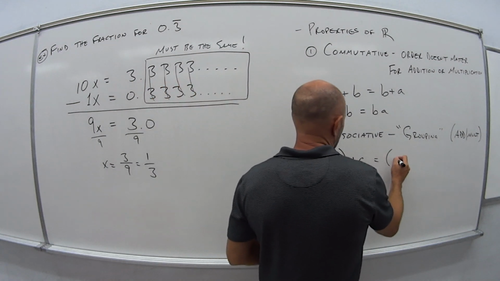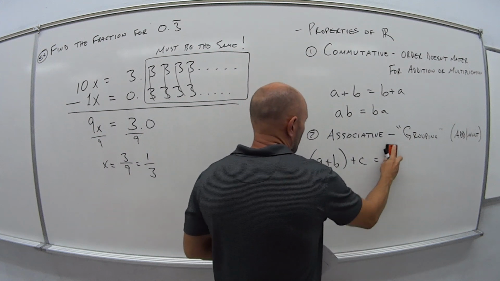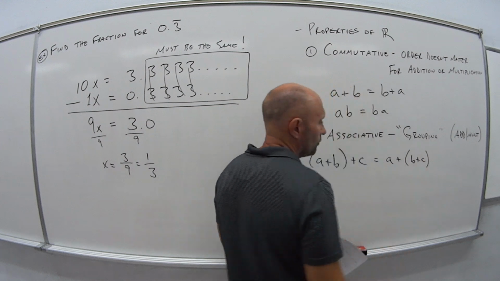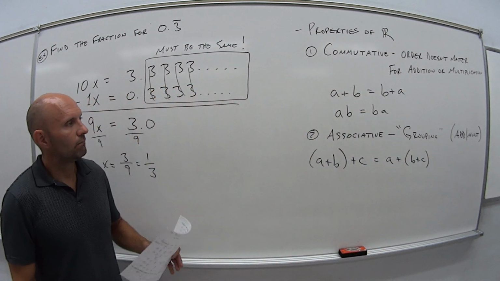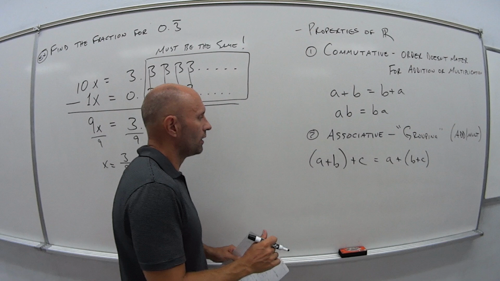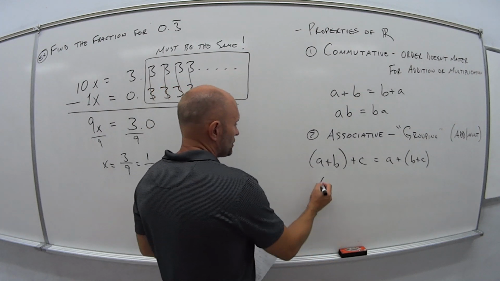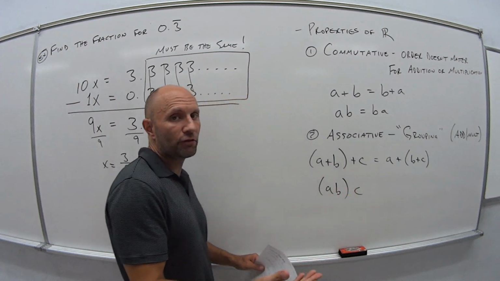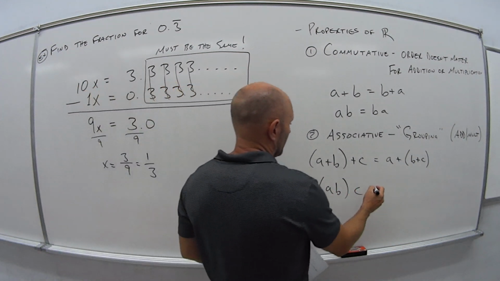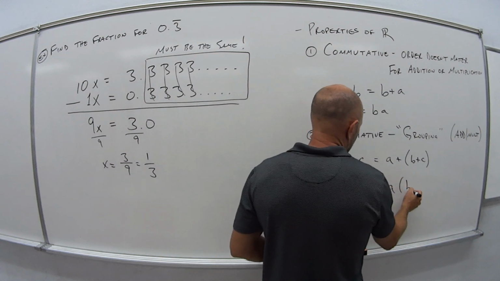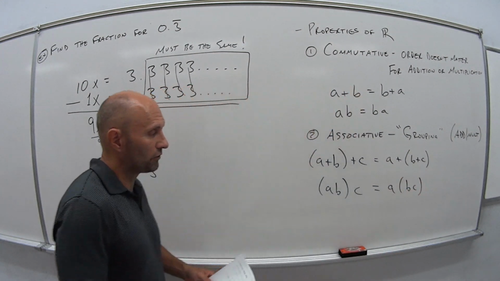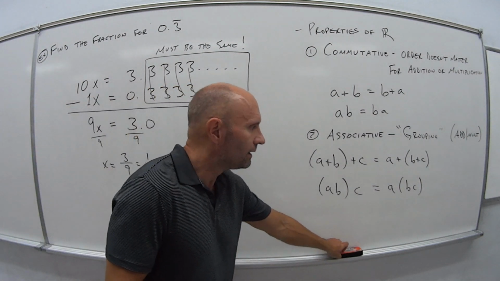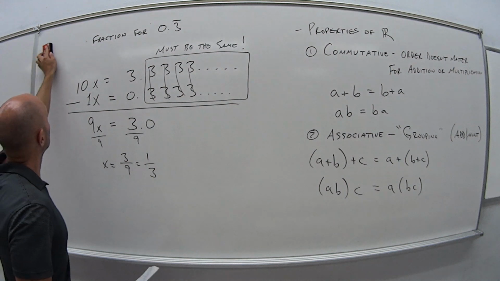I can also say this is the same as A plus, now I group B and C together. I get the same value for real numbers. And for multiplication, if I multiply A and B together and then multiply by a third number C, that's the same as if I multiply A after I multiply B and C together. So again, I can group them however I want. It doesn't affect my final answer.